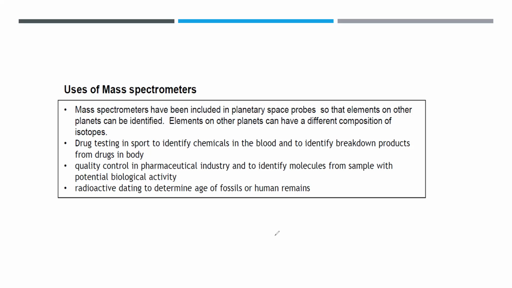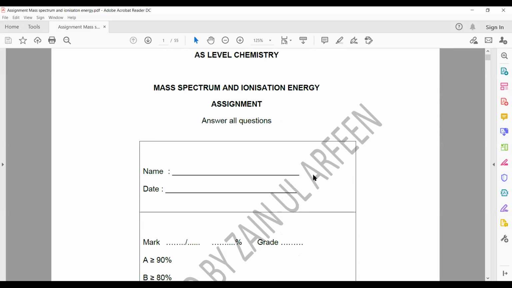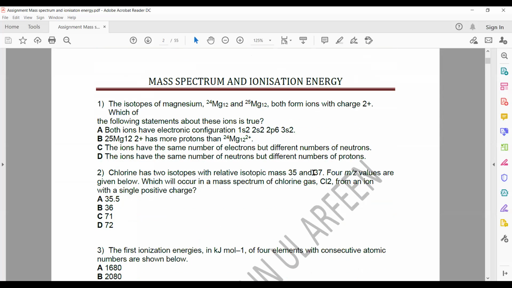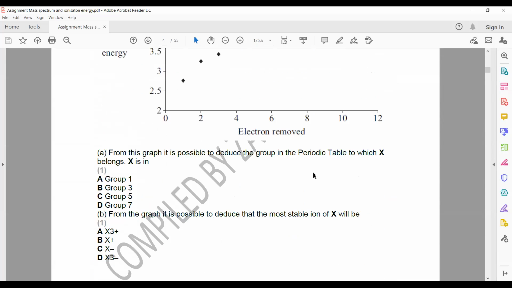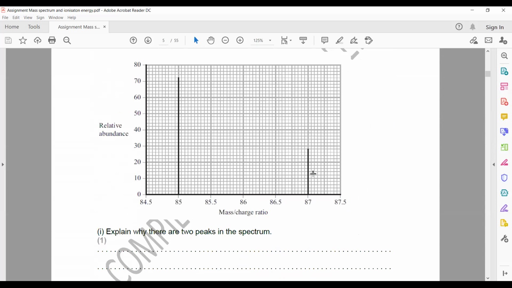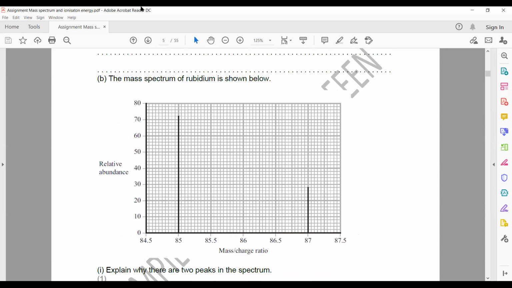Now some questions I'll discuss with you related to the mass spectrometer. So these are the questions related to the mass spectrometer. Already we discussed a few of them. Like we discussed this one, how to get the relative atomic mass from percentages.